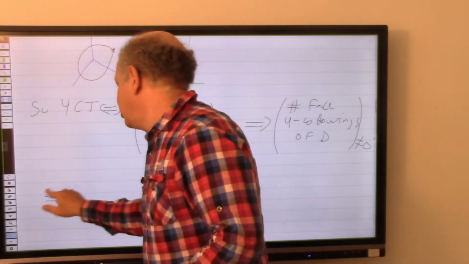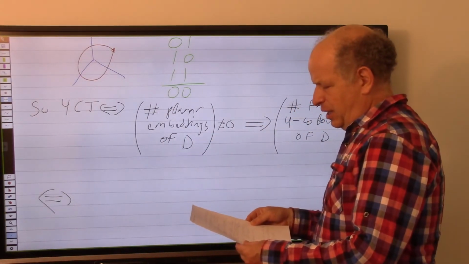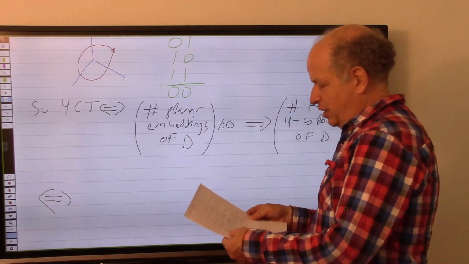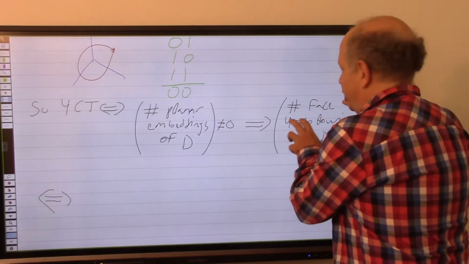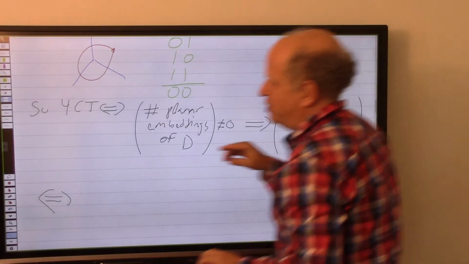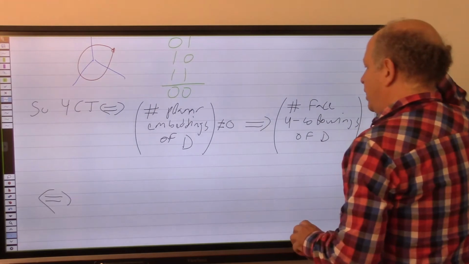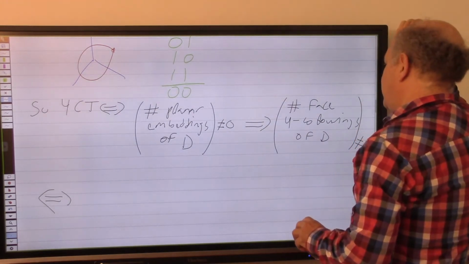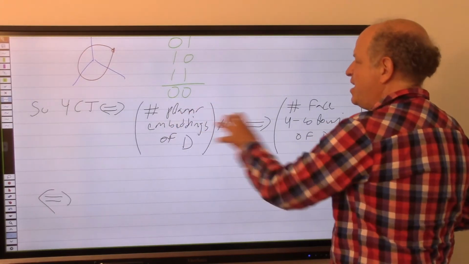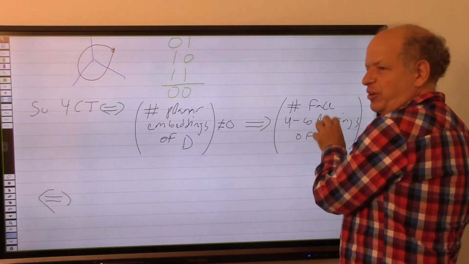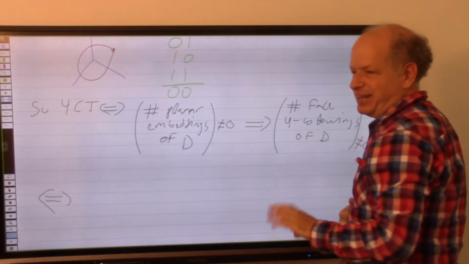By your homework assignment, this is equivalent to, oh, sorry. Yeah, there is some well-known thing in logic, right? If A implies B, then that's equivalent to not B implies not A, right?